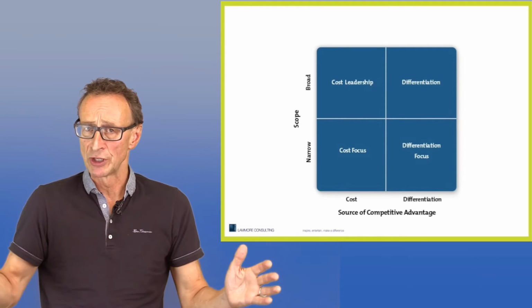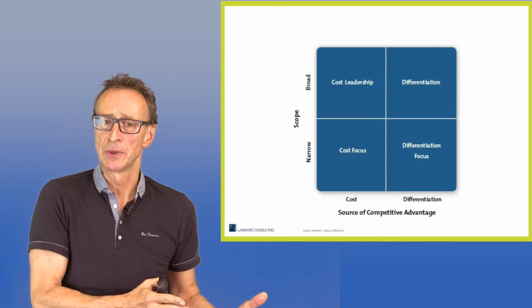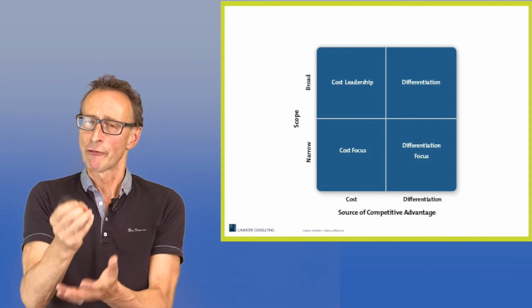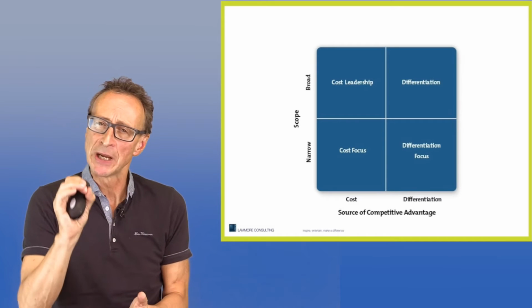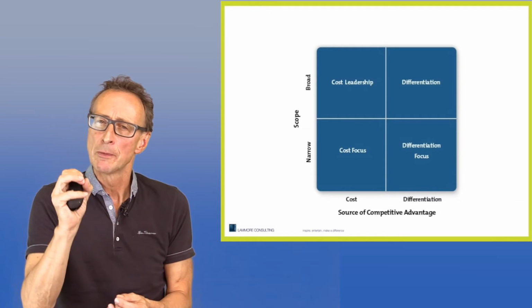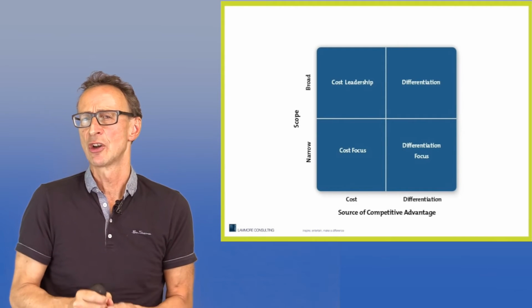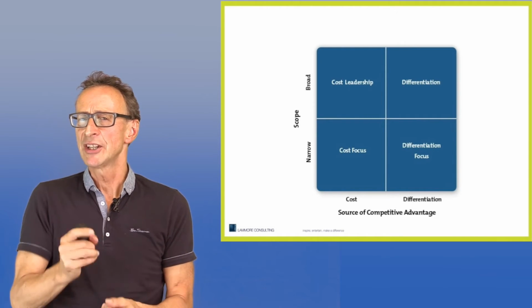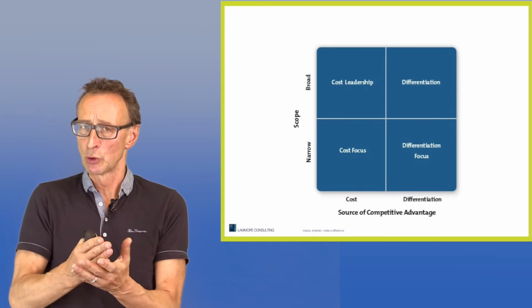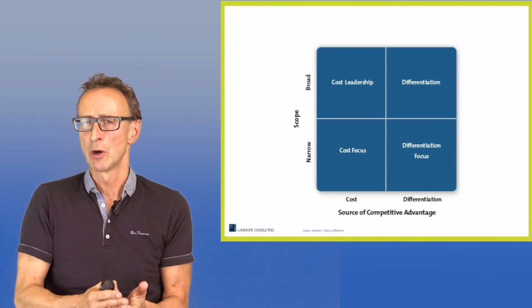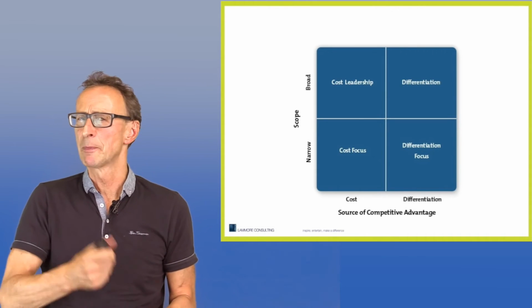If you are broad in scope, but you're not the cheapest, what are the extra value offerings that you're giving your customer? What makes you unique? What means that I should pay you the extra money for your products and services? And this is where you really need to prove that you are better than the rest. A lot of organizations we work with say, we're not the cheapest, but we offer better value.